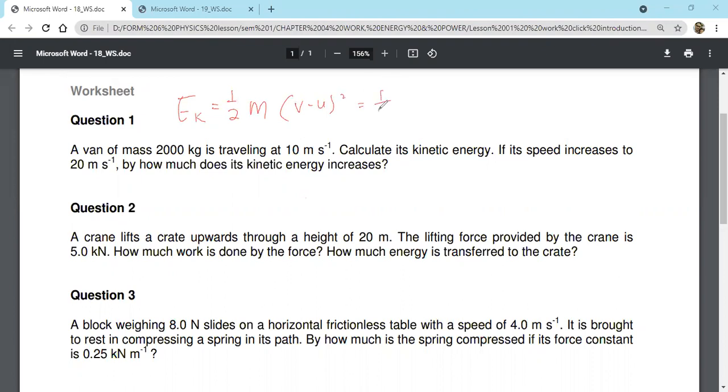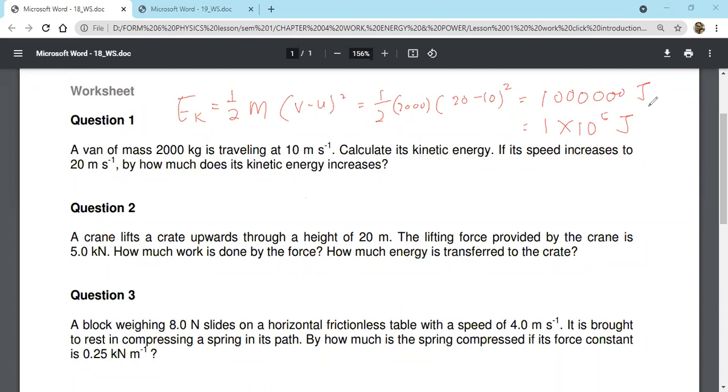So it will be equal to 1/2, mass is equal to 2000 kg, v minus u, that means 20 minus 10 squared. So at the end, we get 100,000 joule, or we can write 1 times 10 to the power 5 joule.